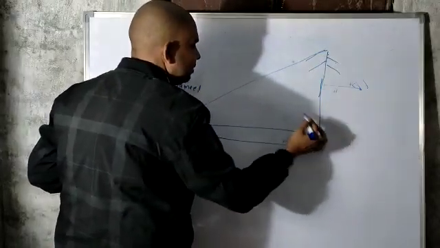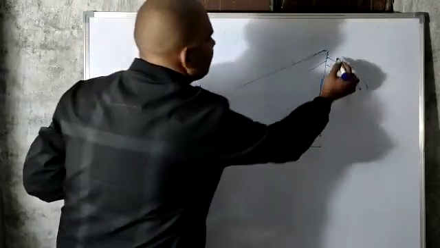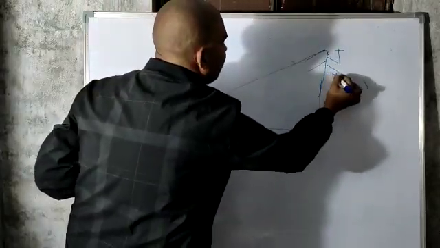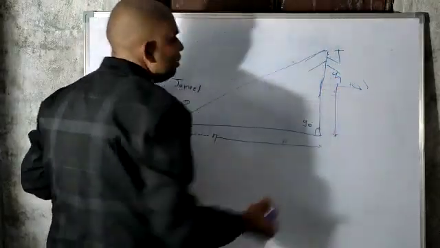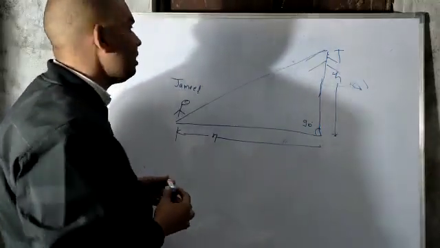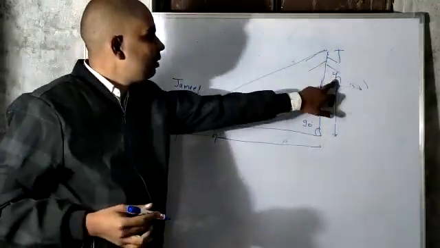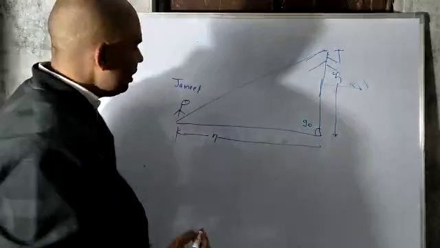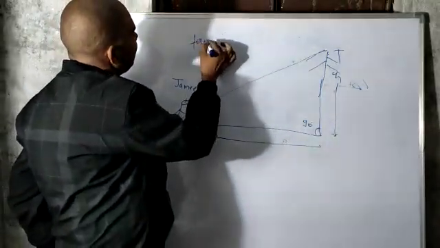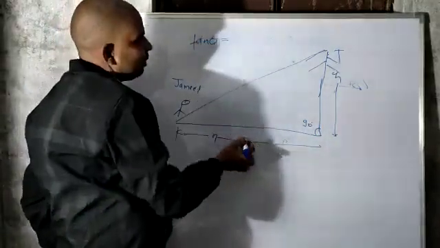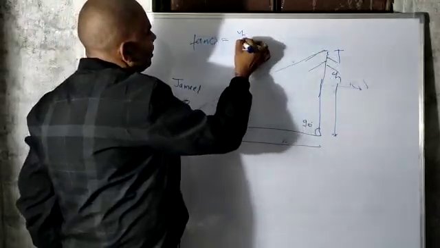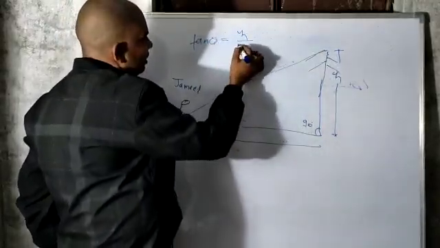The angle between the perpendicular and the base will be 90 degrees. We want to find this height. We know that the trigonometric function dealing with perpendicular and base is tan theta, so we will apply tan theta. Tan theta is equal to perpendicular, meaning height, upon base, which is x.